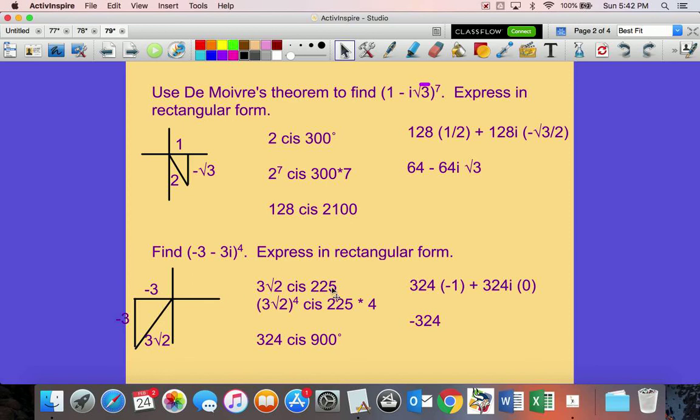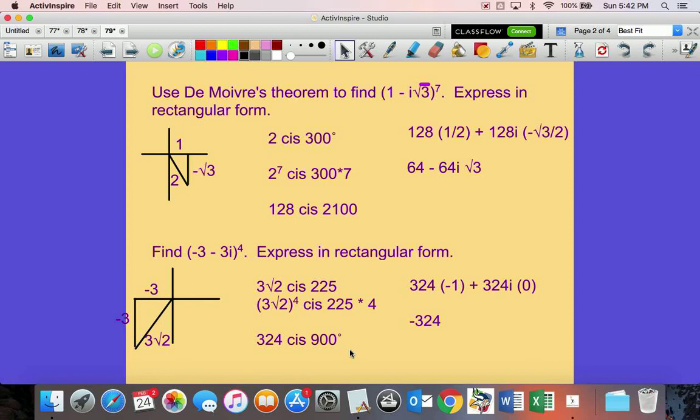225 degrees times 4 would give us our degrees afterwards, which would be 900. And then our hypotenuse, we have to take and raise it to the fourth power. So 3 to the fourth is 81. Square root of 2 to the fourth is 4. 81 times 4 is 324. So this ends up being 324 cis of 900.